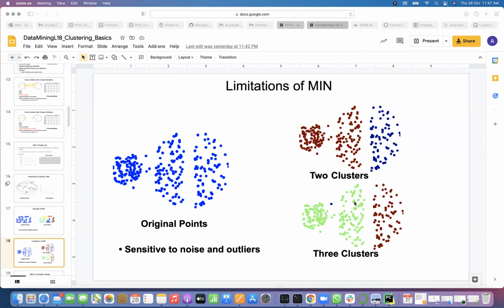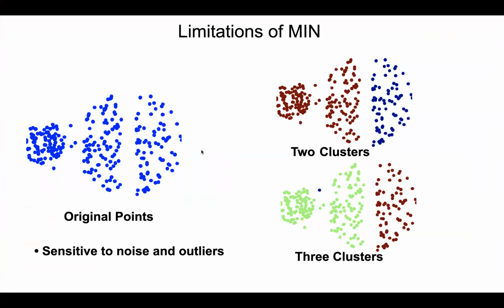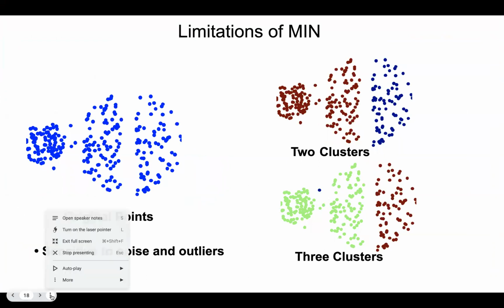First you will form these things, then the green ones have nicely formed like this, but that 1 point remained as a cluster. Okay. So these are the limitations which we have with the min.